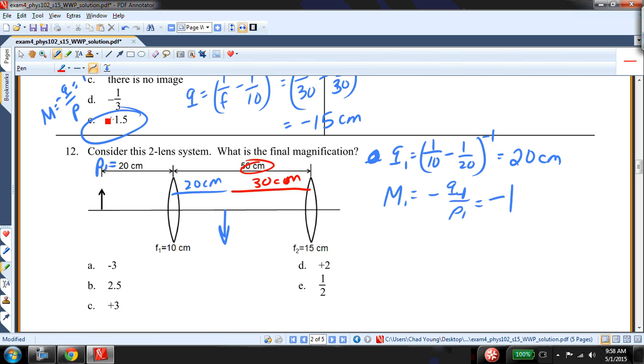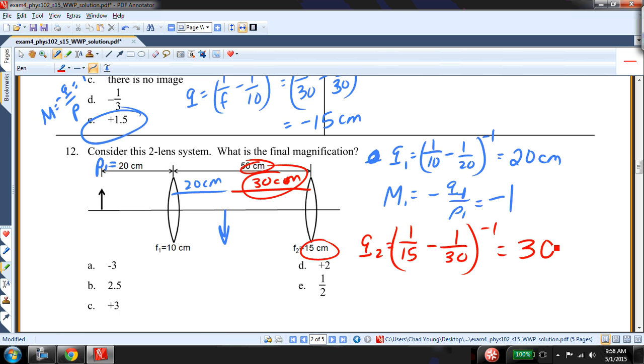All right, so now I work the next problem. So Q2 is 1 over F2, that's 1 over 15, minus 1 over P2, that's 1 over 30, right here, to the -1. That's 2 over 30 minus 1 over 30 gives me 30 centimeters. And then M2 is negative Q2 over P2. P2 is also 30. That's equal to -1.